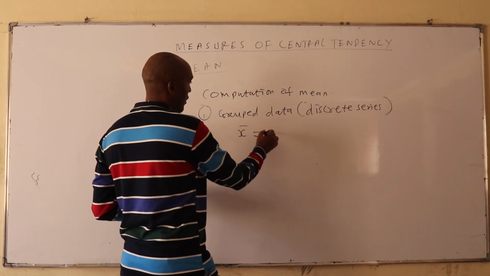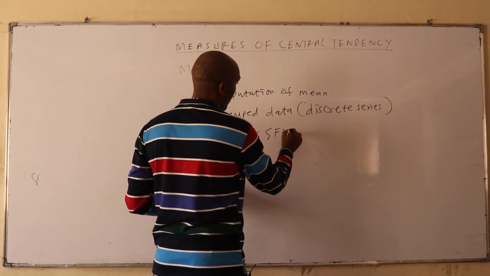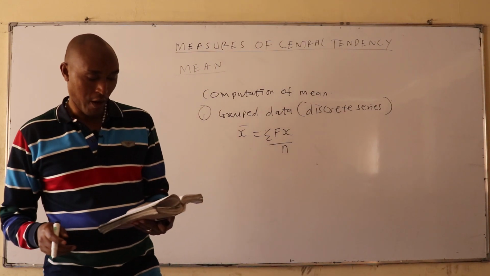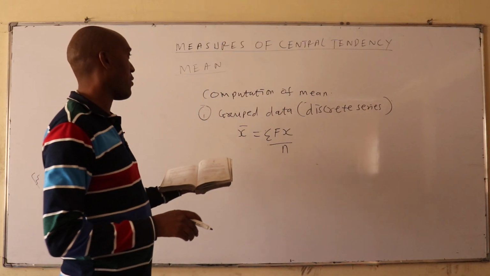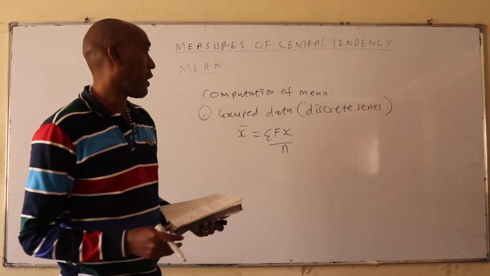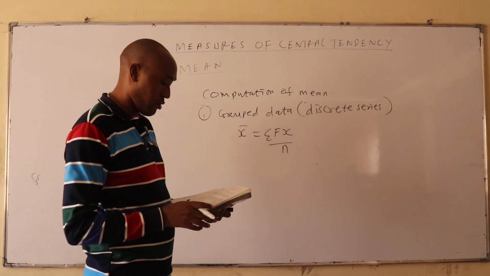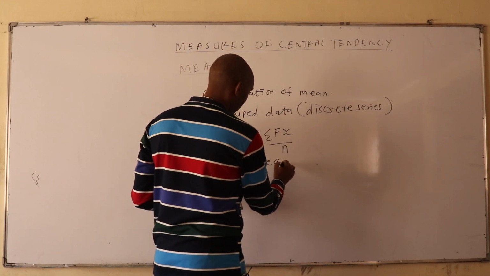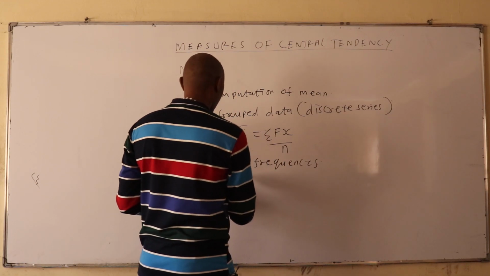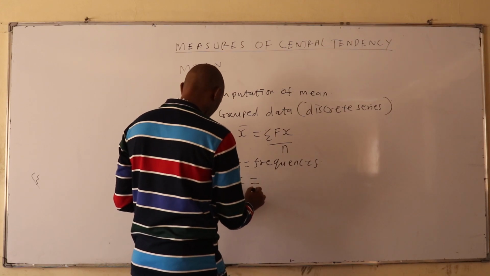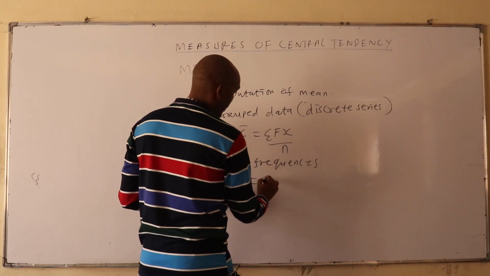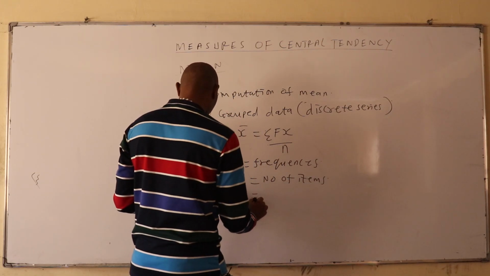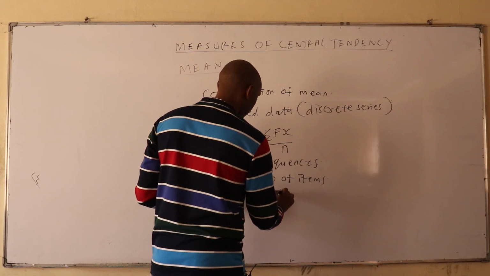So the formula is summation of fx over n. So now the formula for finding mean in this particular case changes. Now f means frequencies, x is basically the number of items, and n is basically the total number of frequencies.